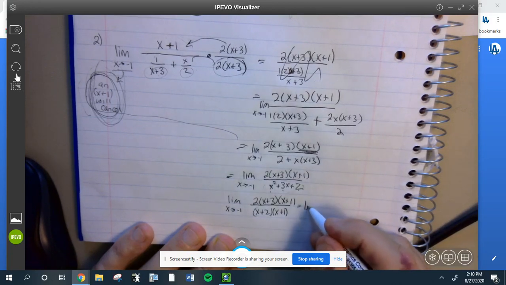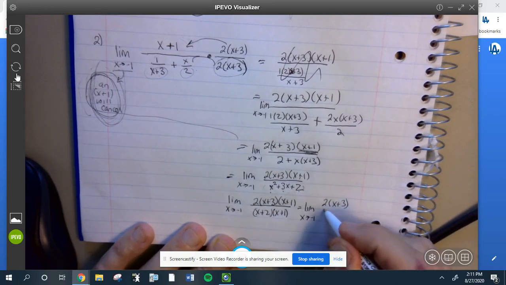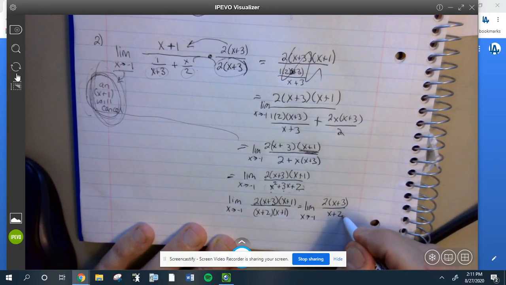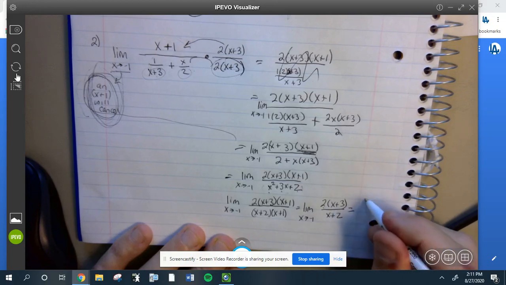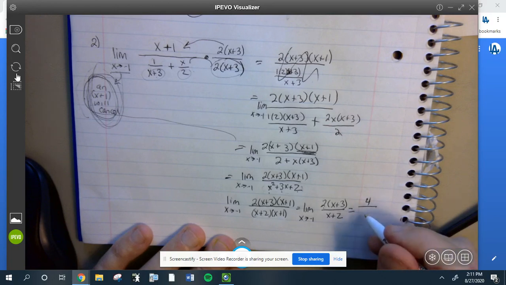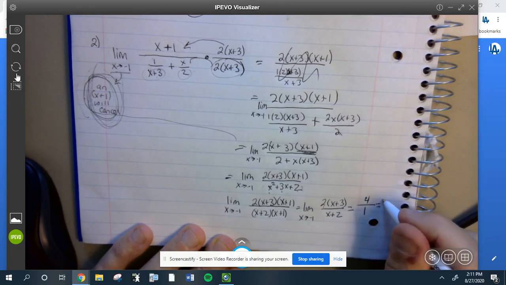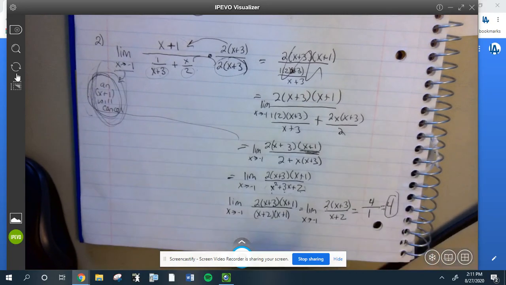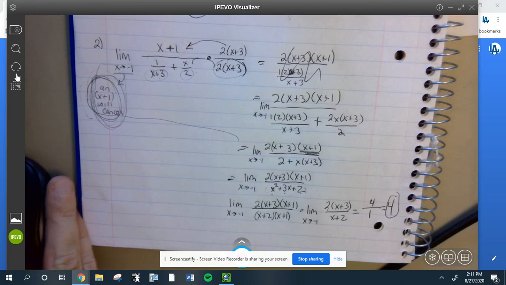This is the limit of 2 times x plus 3 over x plus 2. Directly substitute and you'll get your answer. 2 times 2 is 4. And negative 1 plus 2 is 1. So this limit is 4. That's it.